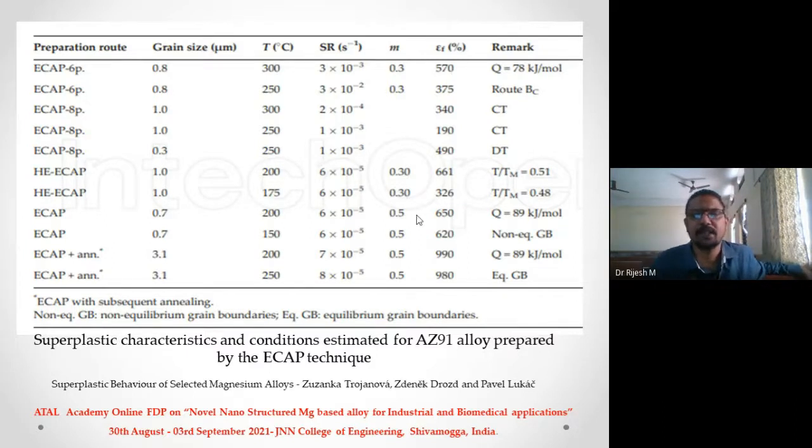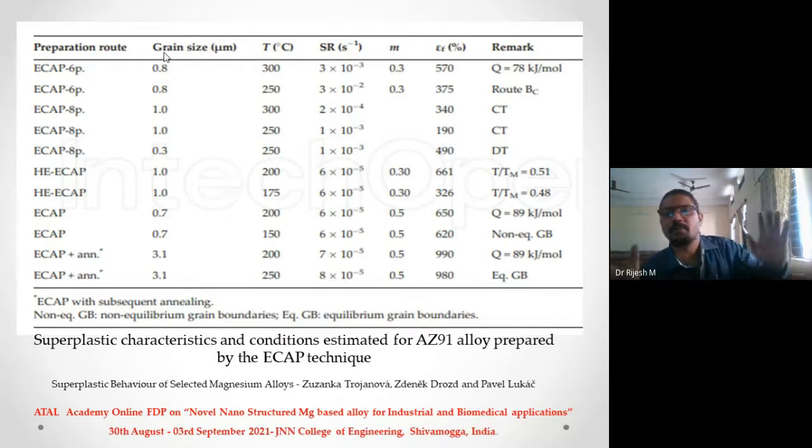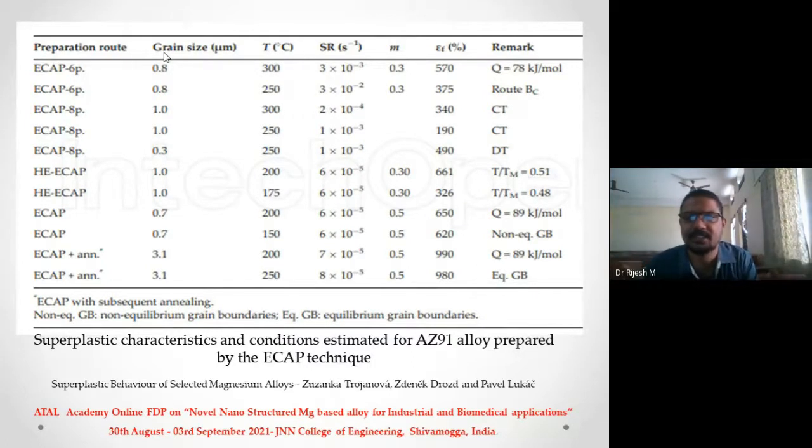See, if you look at this, with a grain size reduction to 0.7 microns, your m value is 0.5 and your percentage elongation is 650. If you get such combinations where grain size, strain rate sensitivity, and elongation are very high, that is the way you have to look for processing magnesium.